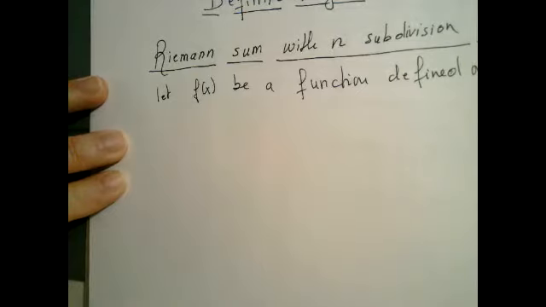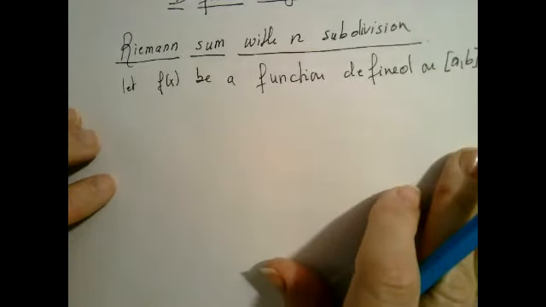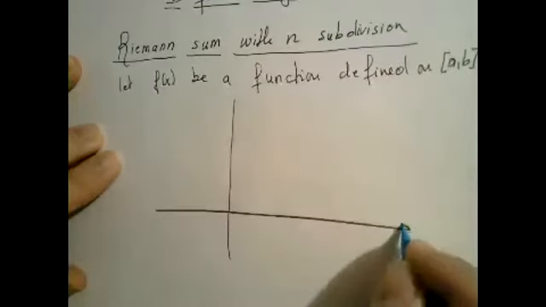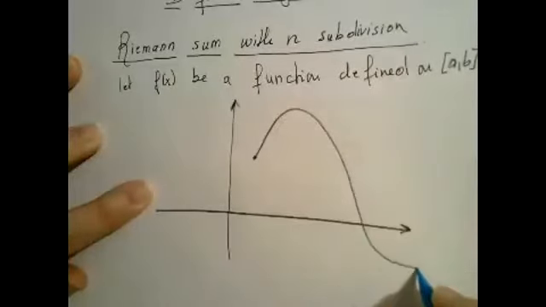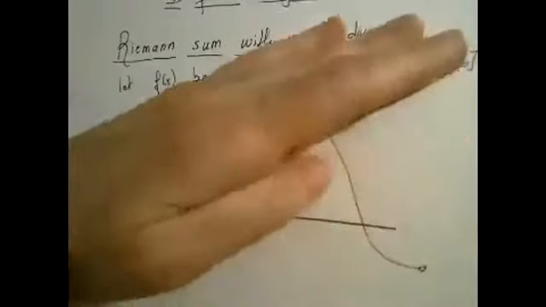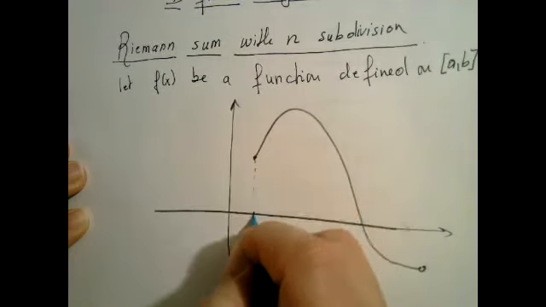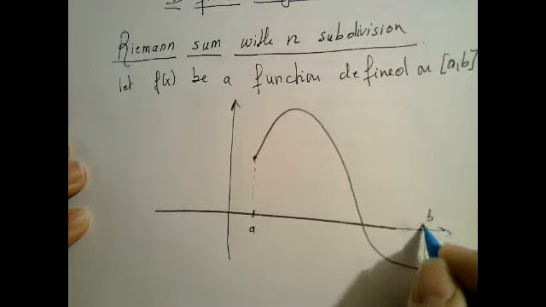I have a function, and this is my function. So that's my point a, and that's my point b. These are, if you want, what you guys call my limits, or my bounds, a and b.